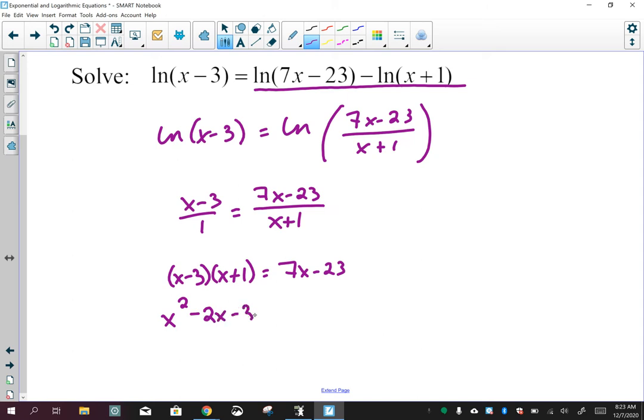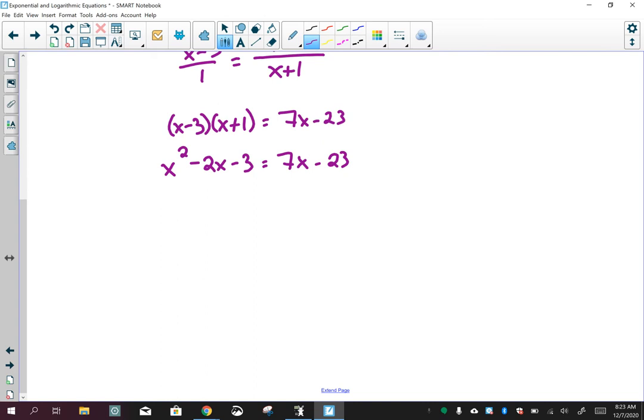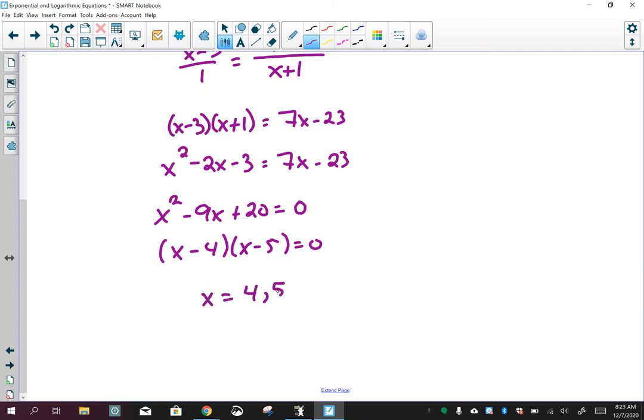And then minus 3 is equal to 7x minus 23. I'm going to move everything to one side. So I've got x squared minus 9x plus 20 is equal to 0. So that gives me x minus 4, x minus 5. So my x values are 4 and 5.